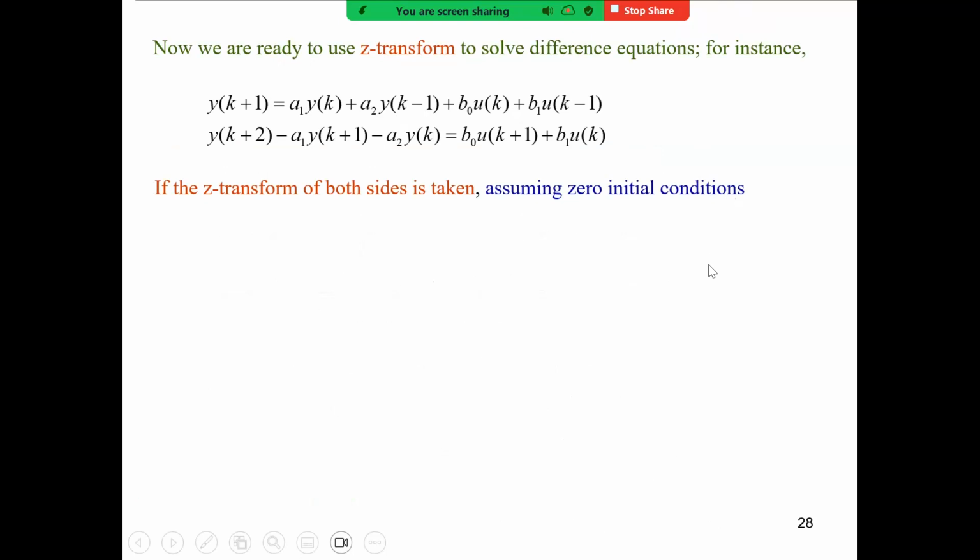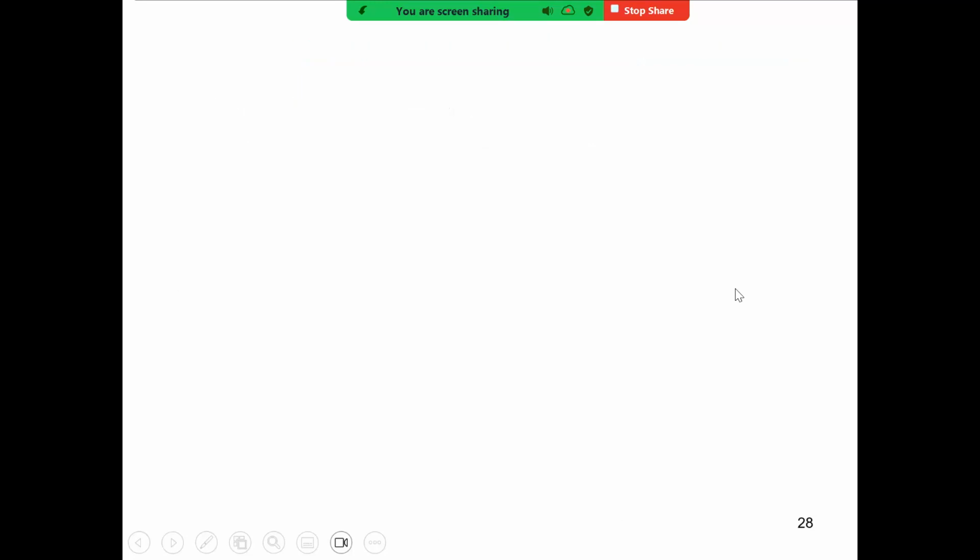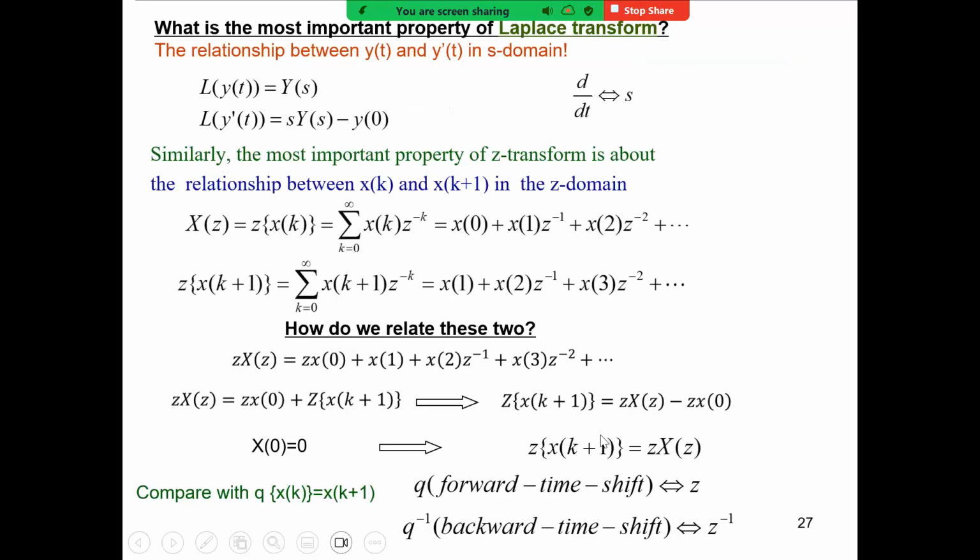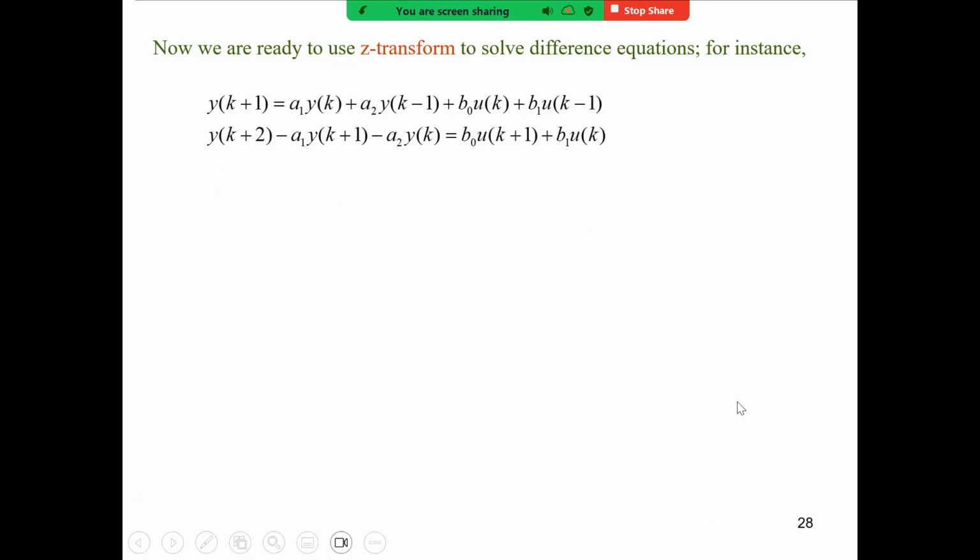When we apply the Z transform, if there is a shift, then we have a z, but on the condition that the initial condition is 0. Otherwise, there are some terms corresponding to the initial conditions. Here we want to simplify the case, so we assume zero initial conditions.